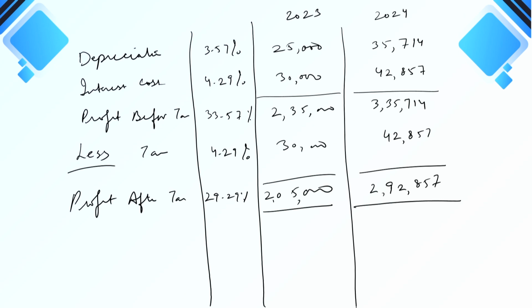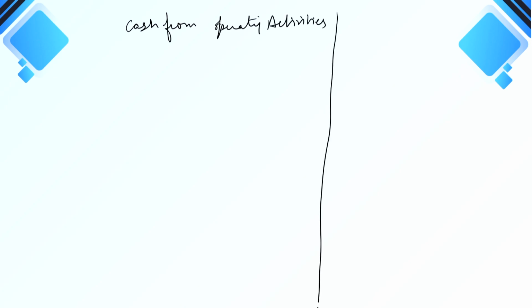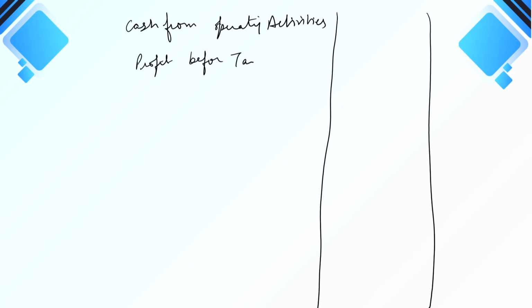Moving to the next step, we compute the cash from operating activities considering all the adjustments provided in the question. Here we will take into account the profit before tax, which we just calculated for the year 2024, rupees 3,35,714.